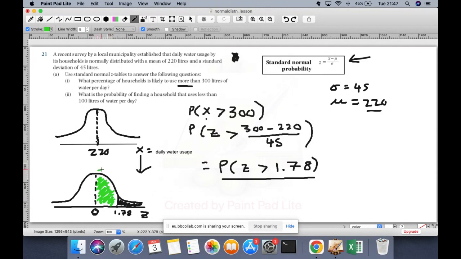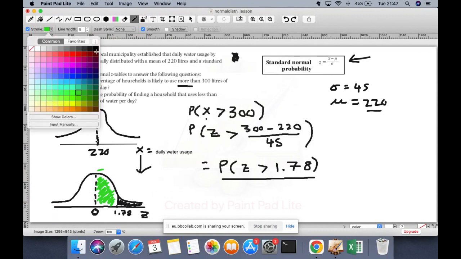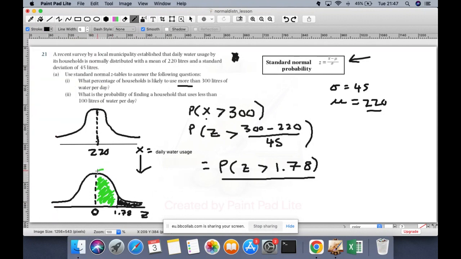So the entire area from 0 all the way to the end will be 0.5. So if I only want the black area, I need to take 0.5 and remove this green area.